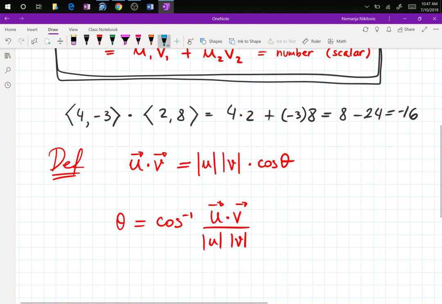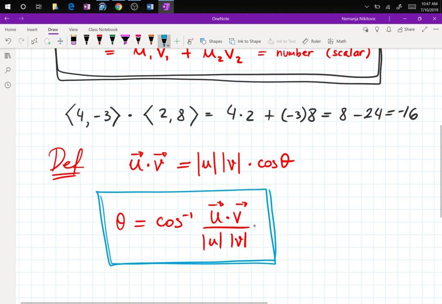Now, this is one of the formulas that you need to know because angle between two forces is important. If you are pushing an object with your friend, let's say it's a fridge, right? It's important on which angle you are pushing, otherwise you will be slacking. Or you'll be doing more work, depends on what your friend does as well. So the idea is to be able to calculate the angle between two vectors.